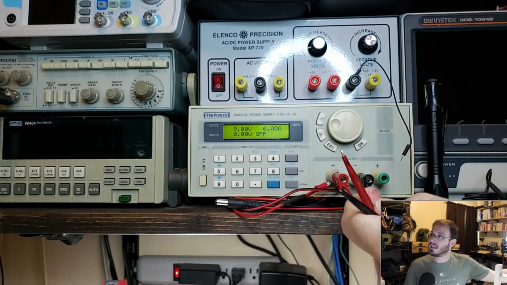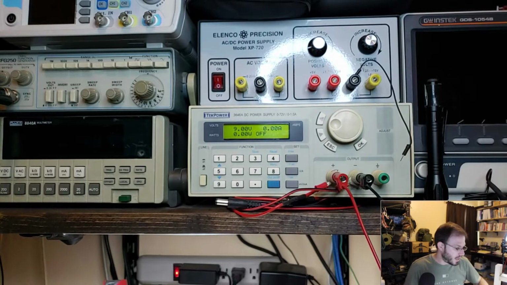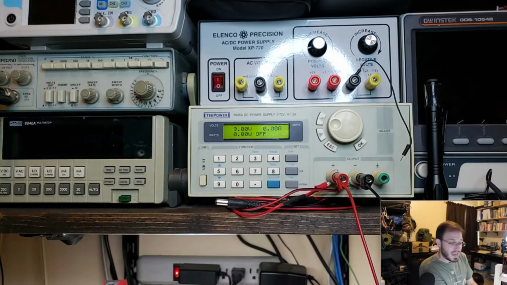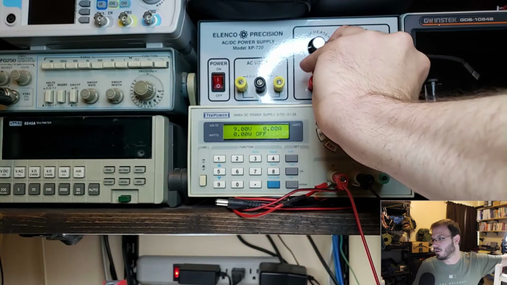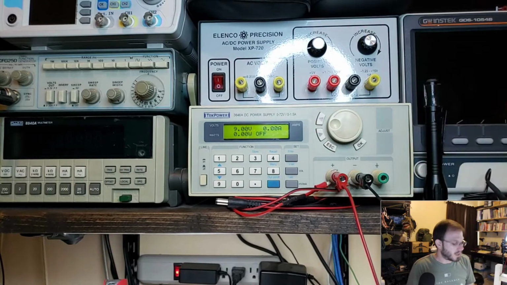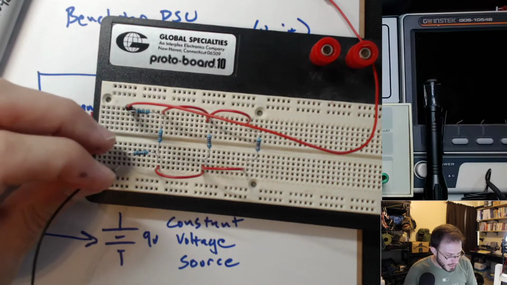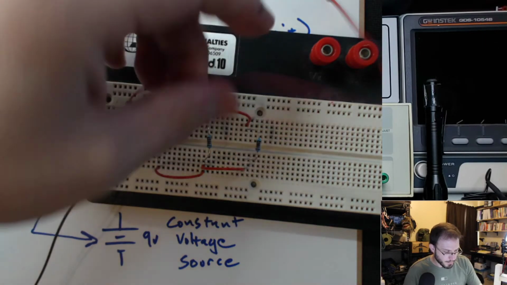So let's go ahead and apply the voltage to our circuit before we start taking some measurements. I'm going to steal this black wire back from this top power supply. And let's go ahead and put it into our breadboard.